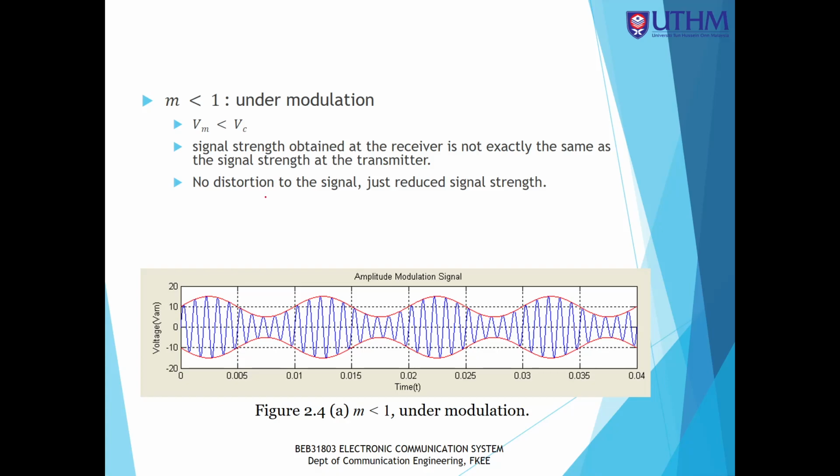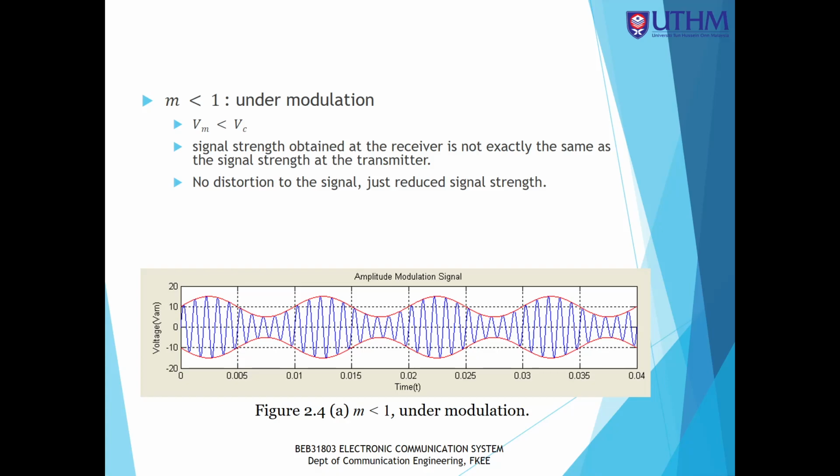There is no distortion to the signal, just a reduction in signal strength. So undermodulation is good, and in most practical cases we use undermodulation. You see that the positive and negative envelopes are separated further away like this.